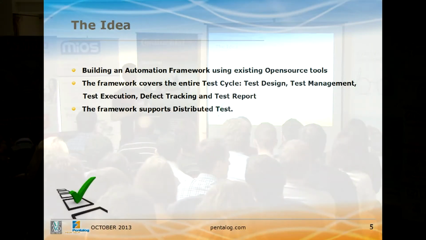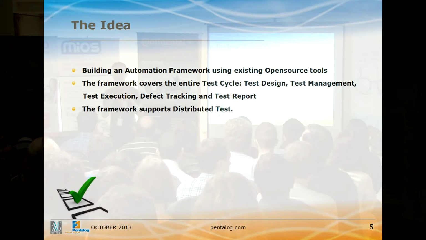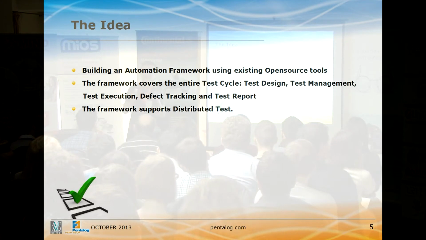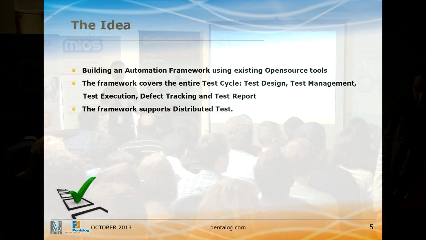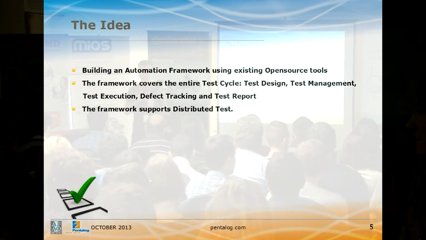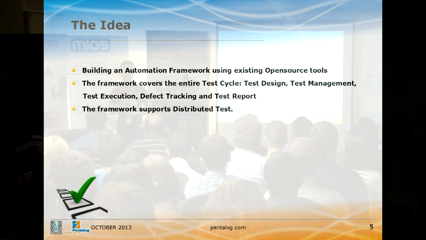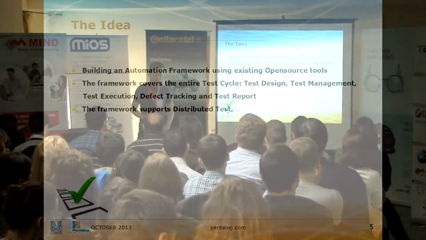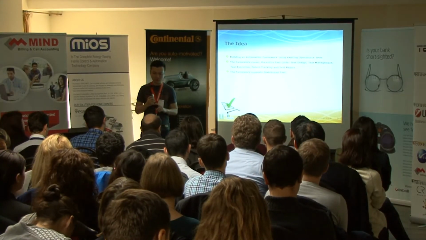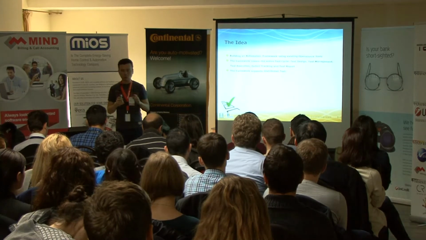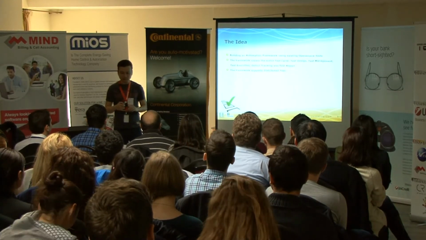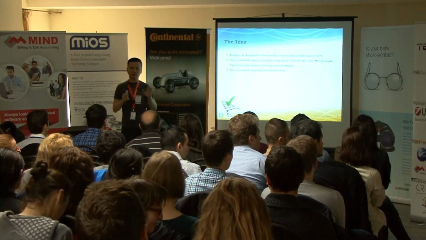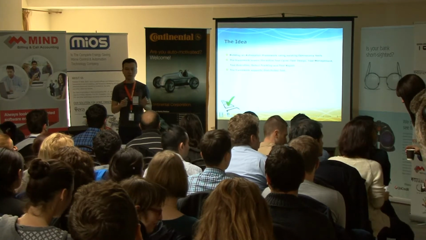The second reason is we want to build an automation framework that covers all the test cycles. The test cycle here consists of the following steps: test design, test management, test execution, test report, and defect checking. If you work with QC, for example, Quality Center, an HP product, it supports this. It means that you manage your test cases and automation scripts in QC.